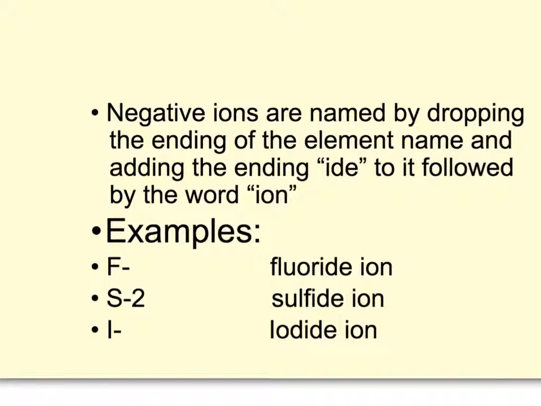S negative 2, the S is sulfur. We drop the ending, add IDE, and we have sulfide ion. And finally, I negative 1, that would be iodine. Drop the ending, add IDE, iodide ion. So hopefully now you can name any of our cation or anion monatomic compounds that show up.